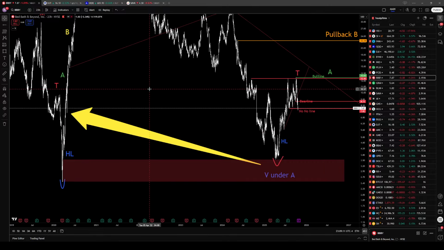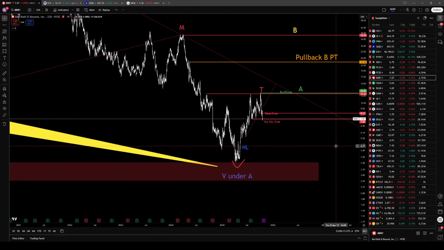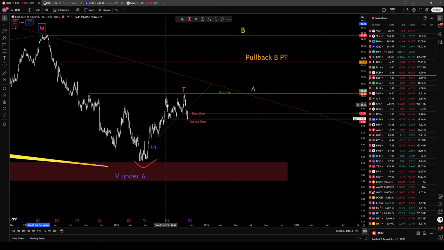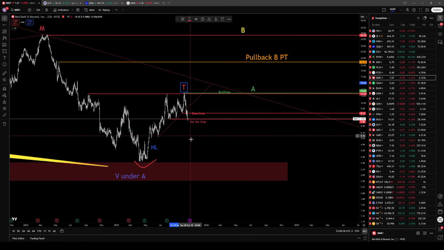How this would look like is, remember this here, you come from your M, you come up, do an M pattern or a W pattern, and then you knife.